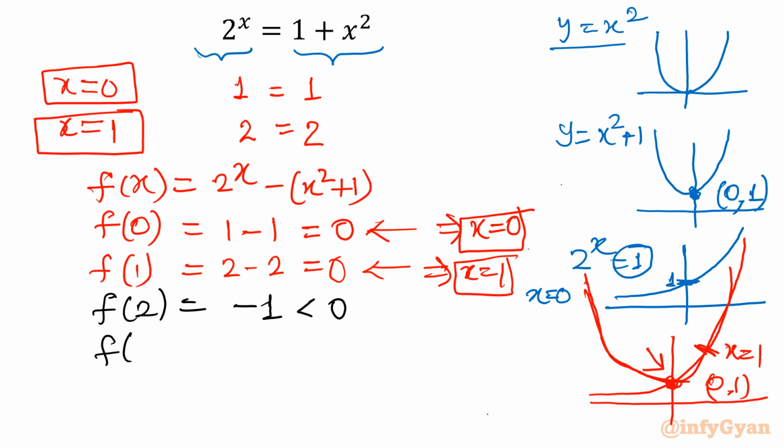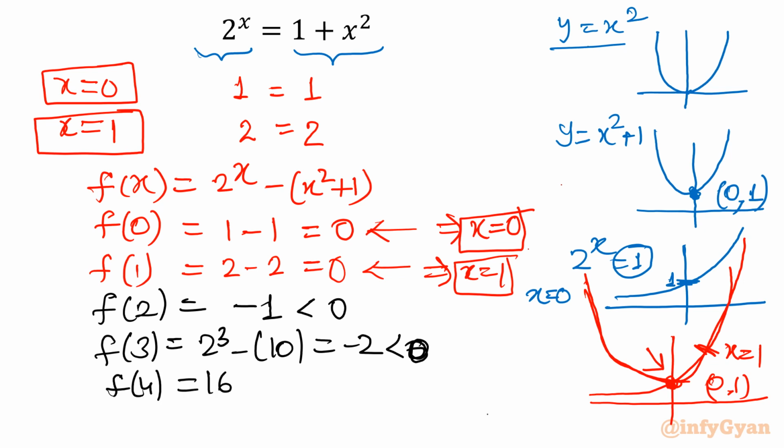I am writing the values directly. f(3): 2 raised to the power 3, 8, minus 10, so negative. f(4): 16 minus 17, negative 1. f(5): check this value. 2 raised to the power 5 is 32, and 5 square is 25 plus 1, 26.